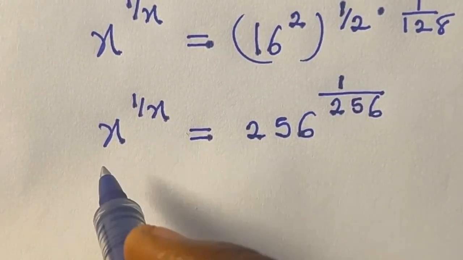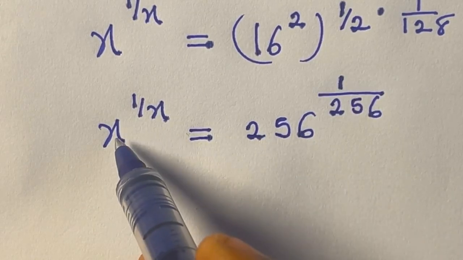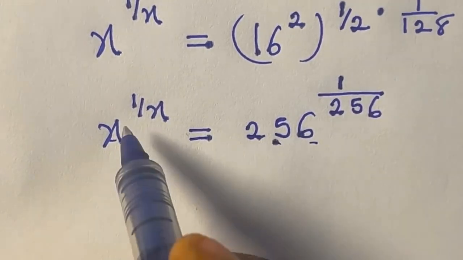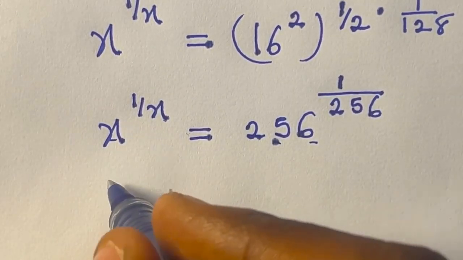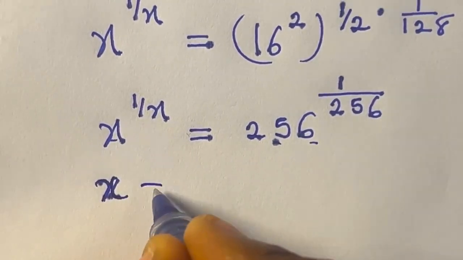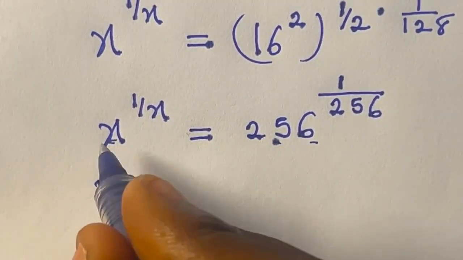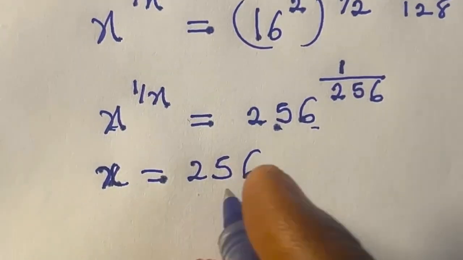So now to get our solution, we either compare the bases or we compare the powers. Let's say we want to compare the bases. To compare the bases, we have x equals 256. All right.